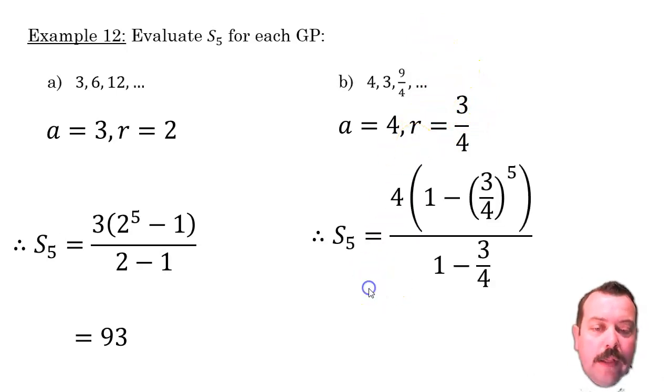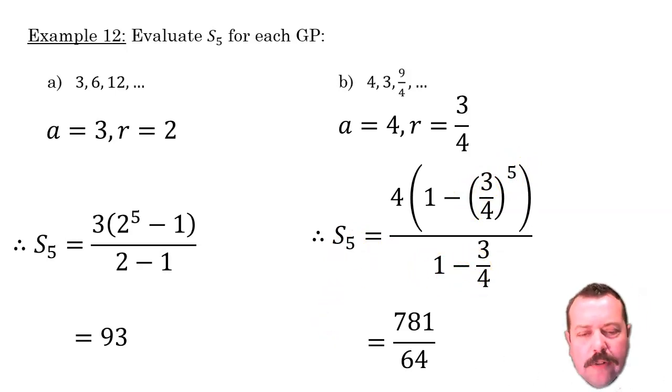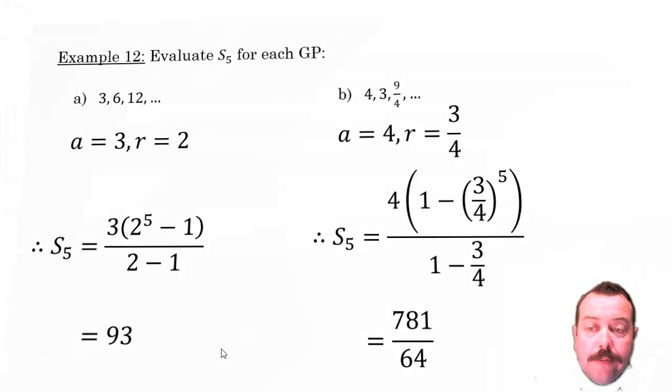It's less than 1. So this time I'm going to say that the sum to 5 terms is a times 1 minus r to the n over 1 minus r. And when I evaluate that out, 781 on 64. There we go. It's the sum to 5 terms of both of those GPs, using each of the two formulas.